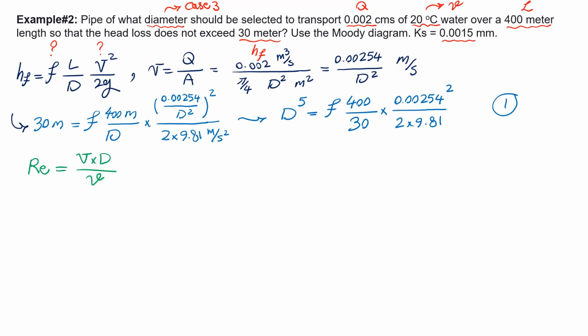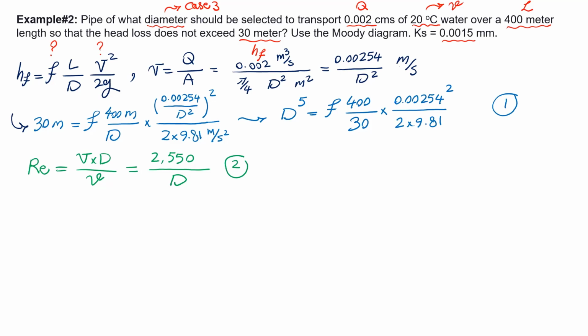So if I simplify this equation and write it in terms of diameter, and if you find nu from the tables in the appendix of your book and insert it in this equation, eventually your Reynolds number would be 2,550 divided by d, which is the diameter. I'm going to call this equation 2.